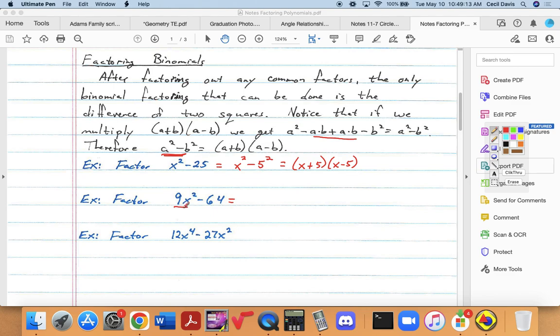So how can we rewrite 9x squared as just something squared? 3x quantity squared. Minus, how can we write 64? 8 squared. So this is going to be equal to 3x plus 8 times 3x minus 8.